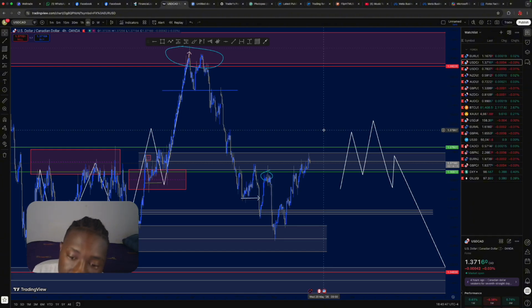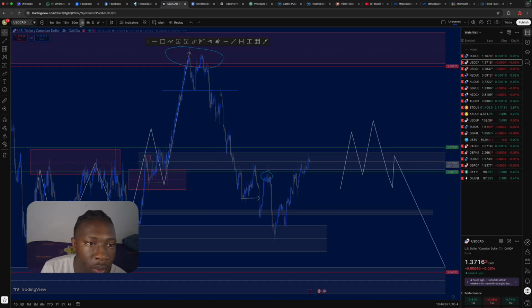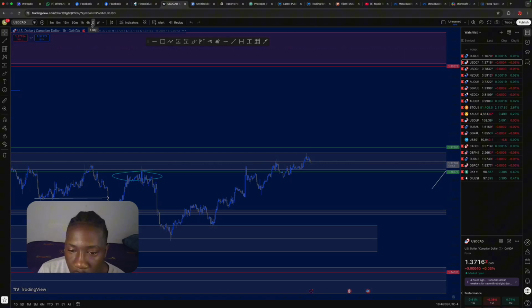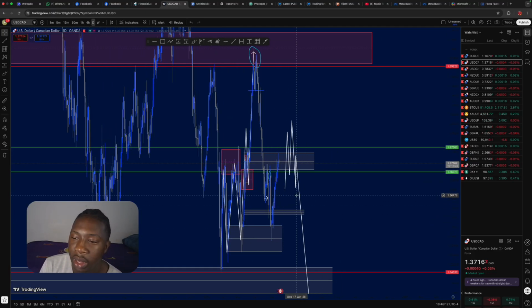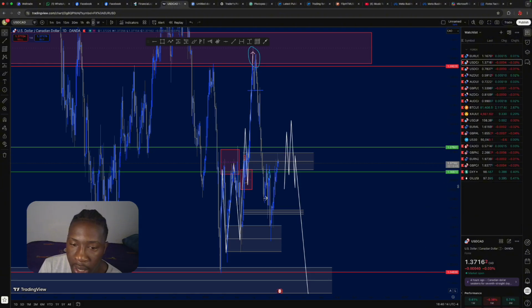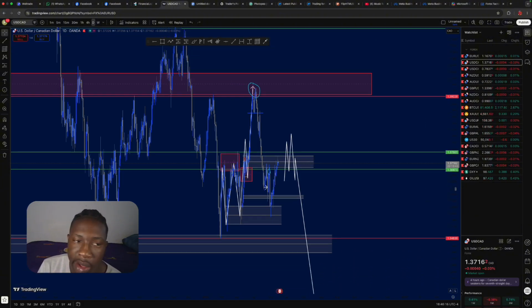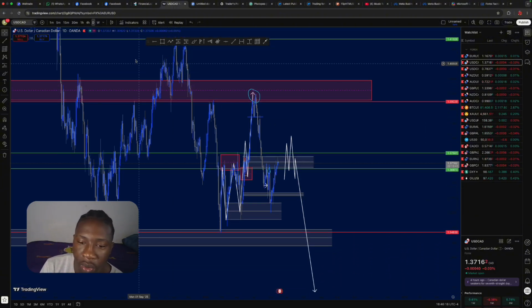Because I said yesterday, for us to consider a move to the downside, we need to see that the market is fully agreed with it, so that we don't enter the market early and be induced by the market. So we want to go today to daily time frame, and the market is still making higher highs like this.